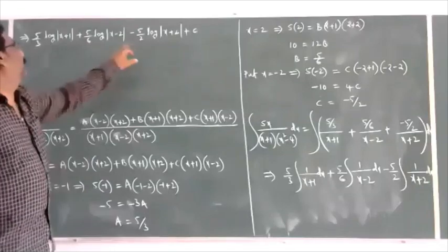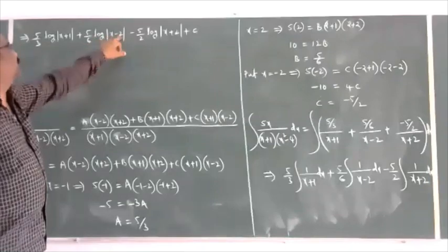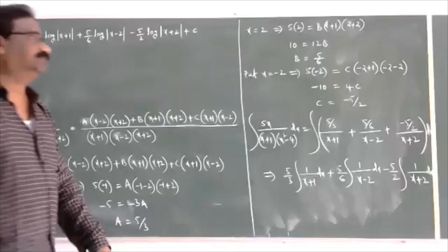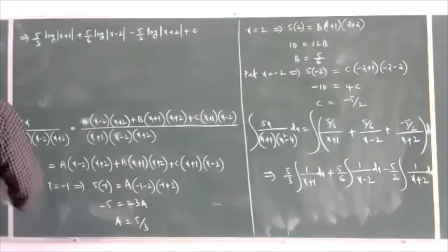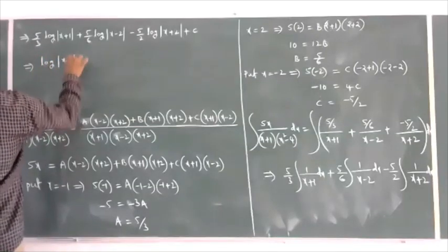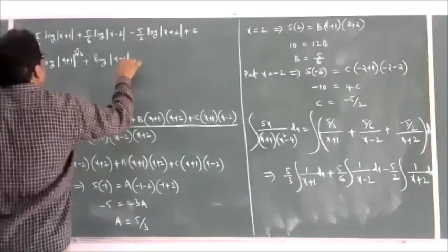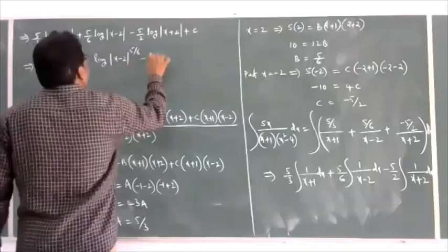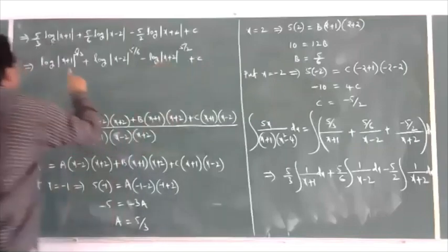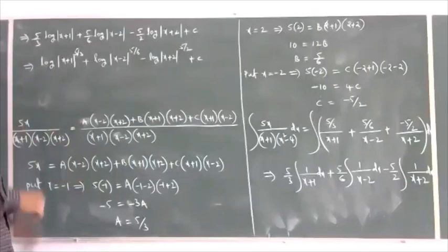Derivative of x plus 1 is 1, derivative of x minus 2 is 1, derivative of x plus 2 is 1, by using the chain rule. So you make a single term. That implies log mod (x plus 1) whole power 5 by 3 plus log mod (x minus 2) whole power 5 by 6 minus log mod (x plus 2) whole power 5 by 2 plus C. Here log A plus log B is log AB, minus log C is division.